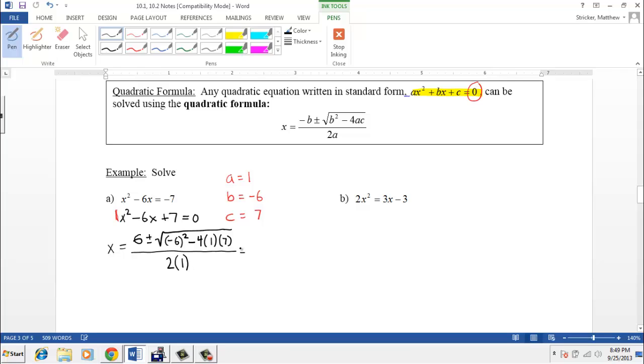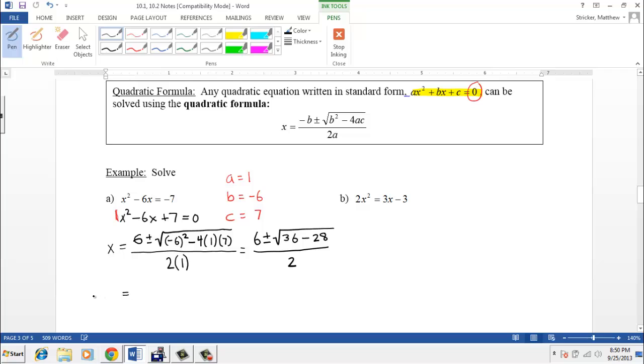And so then we go about simplifying. You can see why we talked in chapter 9 about simplifying square roots, because here we have the square root as part of this formula. So we have 6 plus or minus the square root of 36 minus 28, 4 times 7 is 28, over 2.